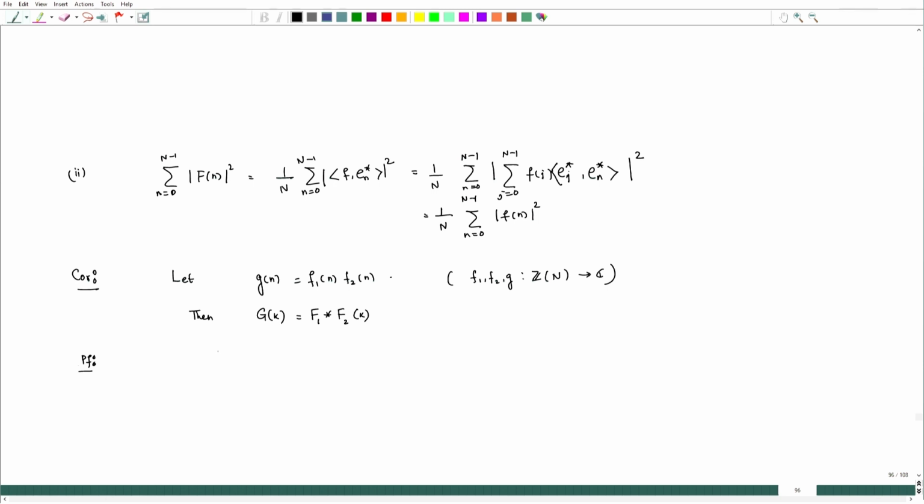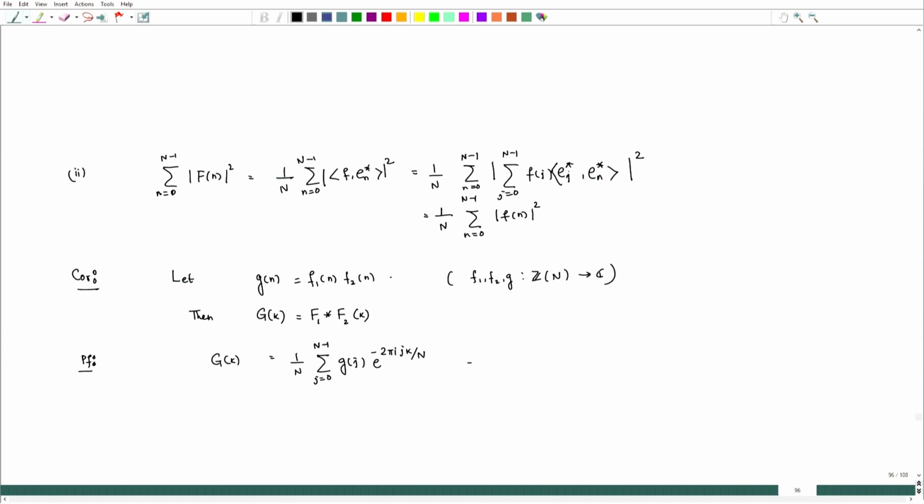Let us just write down g of k. This is equal to 1 by n, summation over j equal to 0 to n minus 1 of g of j e to the power 2 pi i minus 2 pi i j k divided by n.